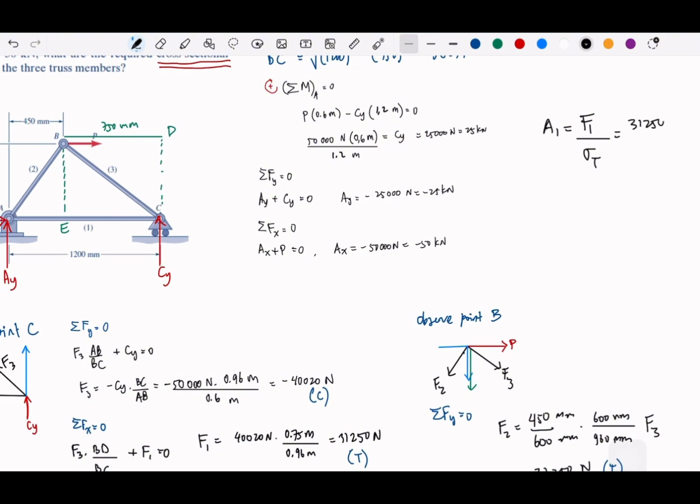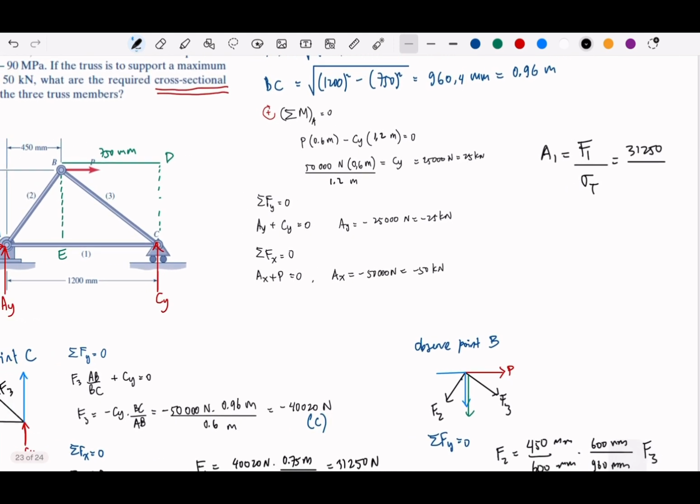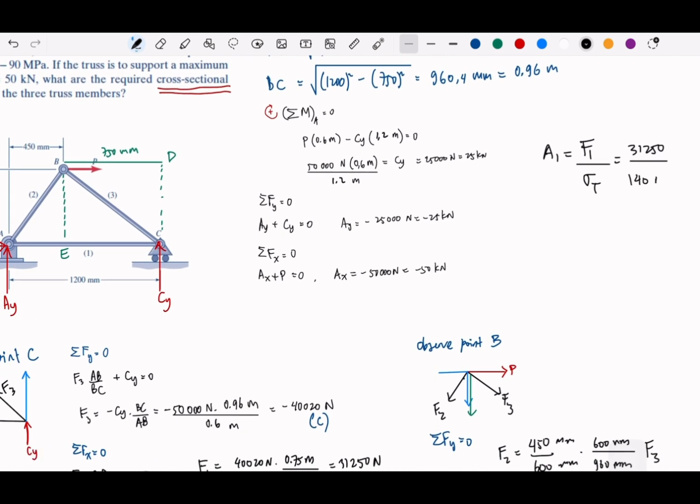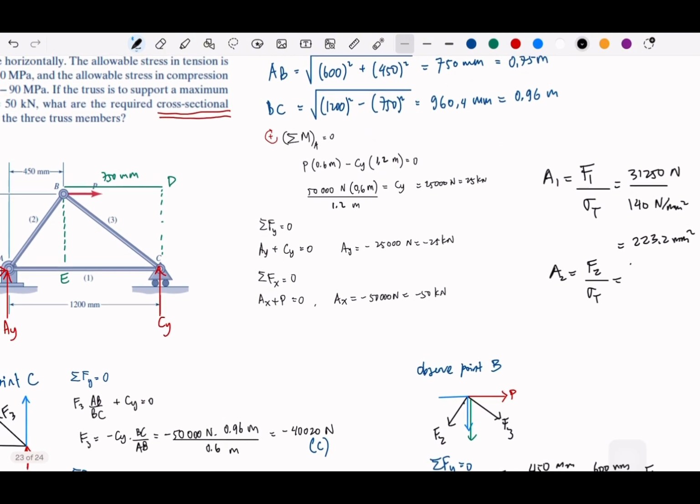3, 1, 250. So tension, we take tension as 150 megapascal, 150 Newton over millimeter squared. So this is Newton. So we have, this is around 3.2 millimeters squared. And then A2, F2 over sigma T. F2 is 31250. This is the same.